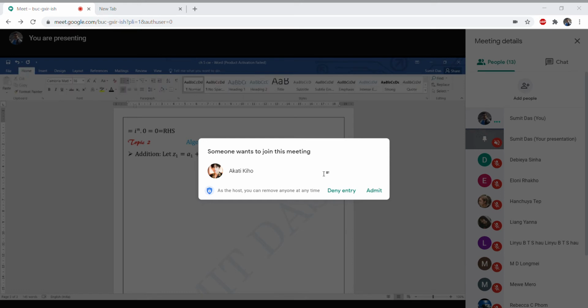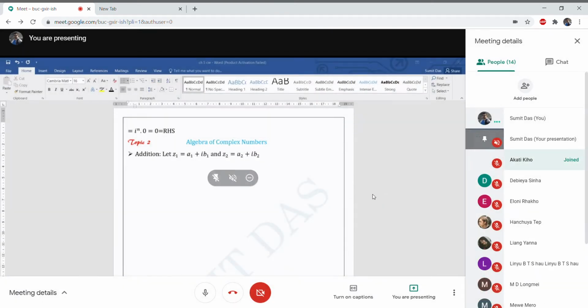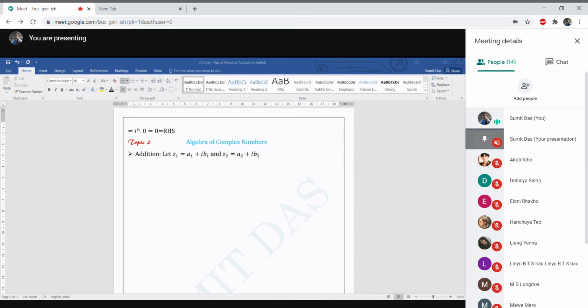Okay, so there is two complex number, you can see. There is two complex number and we have to add this complex number.